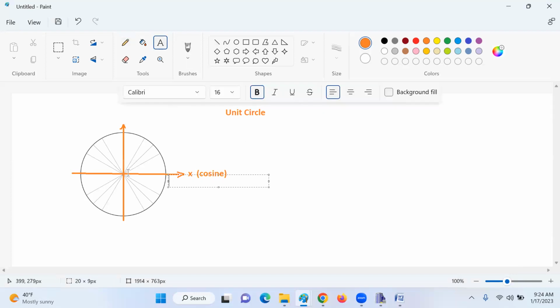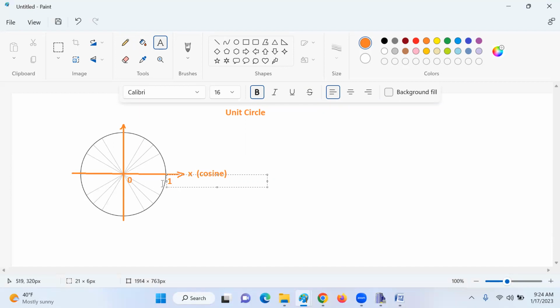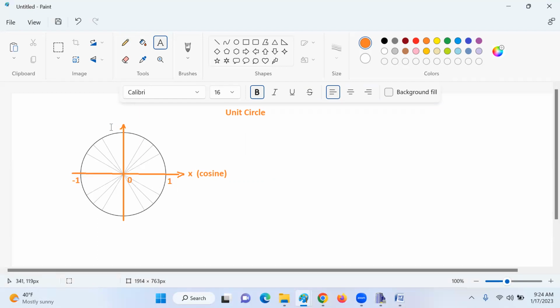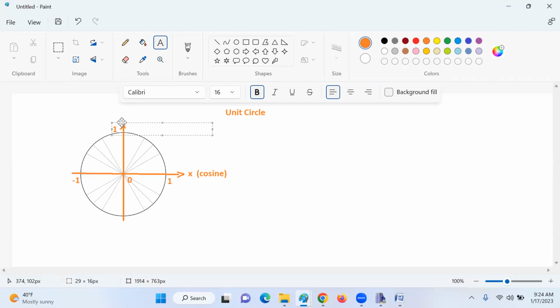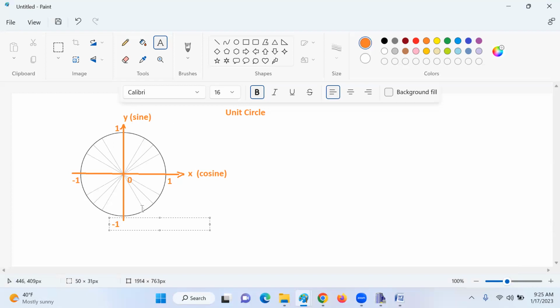The values start from 0, and then go to 1 on the right. I'm sorry, on the left the value is -1, the right value is 1. The same thing on top of that. The y value will be the sine, and it will be 1 on top, and on the bottom is -1. So we basically need to understand some of that.